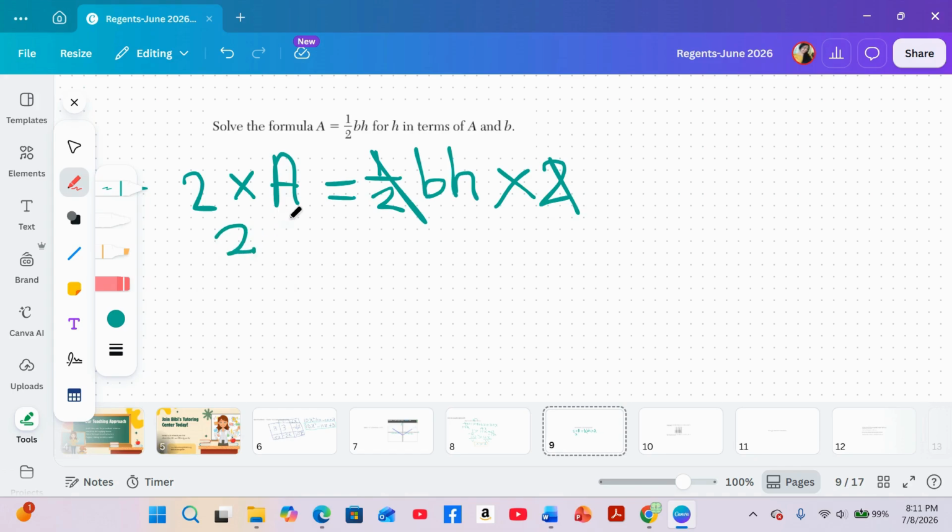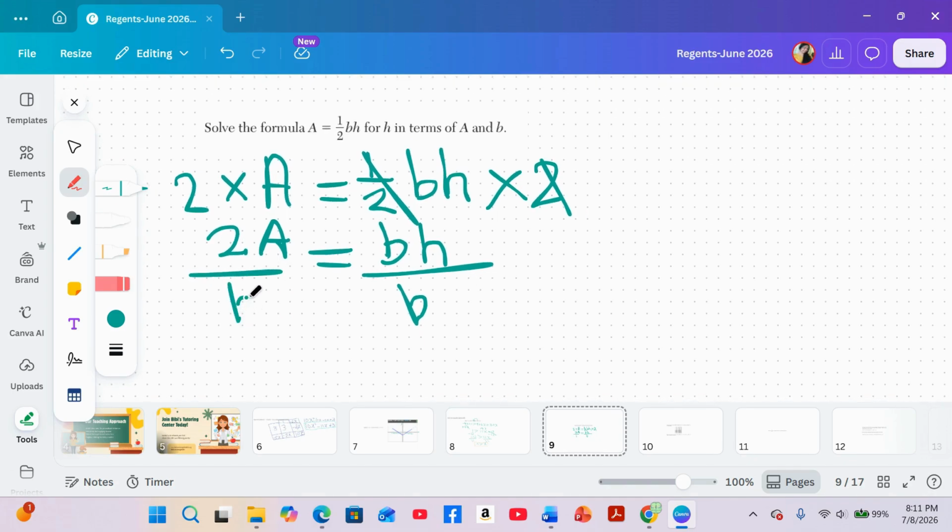We end up with 2A equal to BH. And we want H to be isolated, so we'll divide by B on both sides. This cancels out.